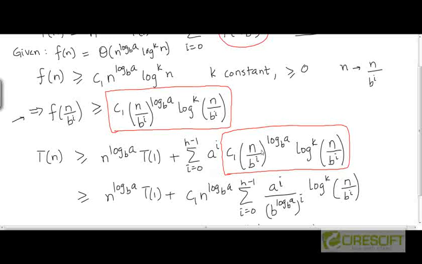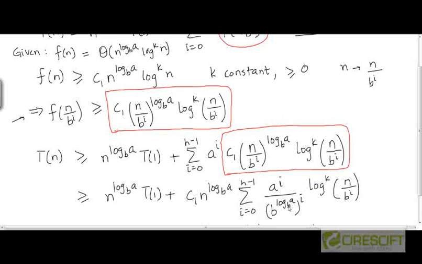We can also take out n to the power log base b of a outside the summation, because this is also independent of I, and we'll be left with a to the power I. We'll also be left with b to the power I, the whole thing raised to the power log base b of a inside the summation.